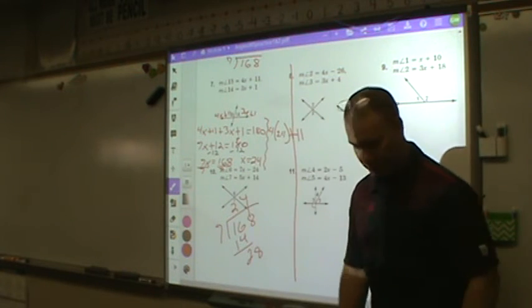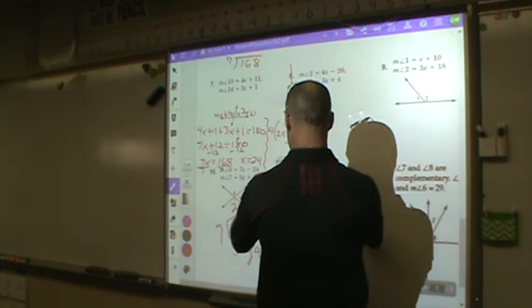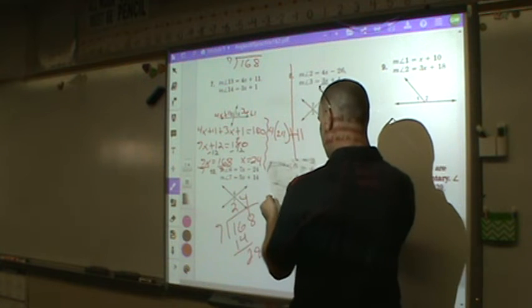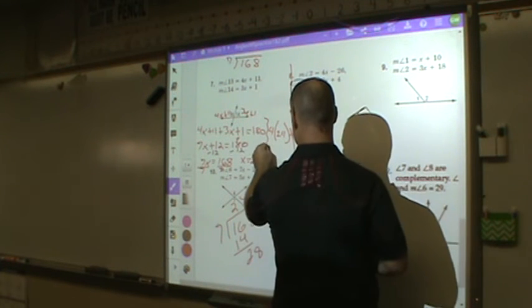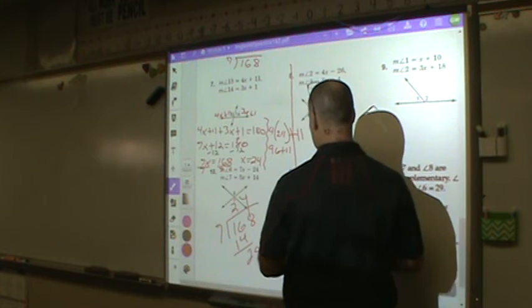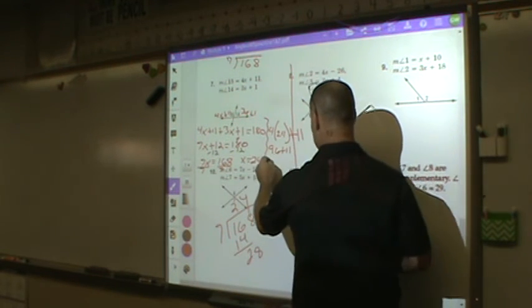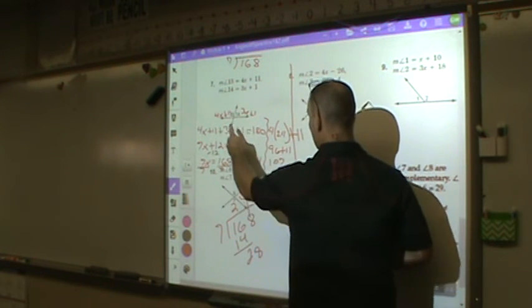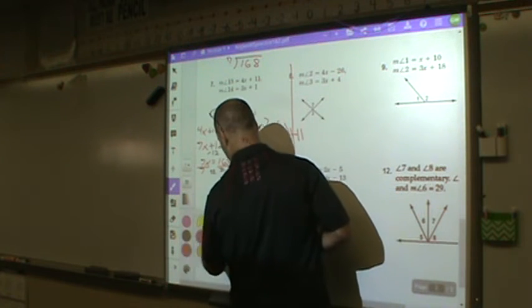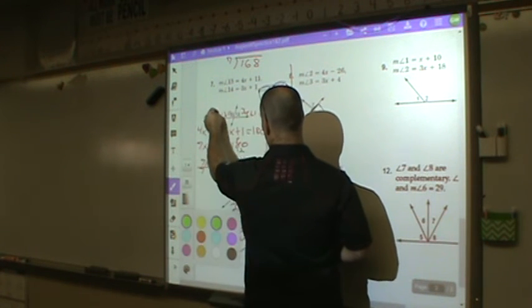What's 4 times 24? 4 times 4 is 16. It's going to end in a 6. And what did Mr. Wilson get? It's a 96. 96 plus 11 is 107. So the measure of this angle over here is going to be 107.